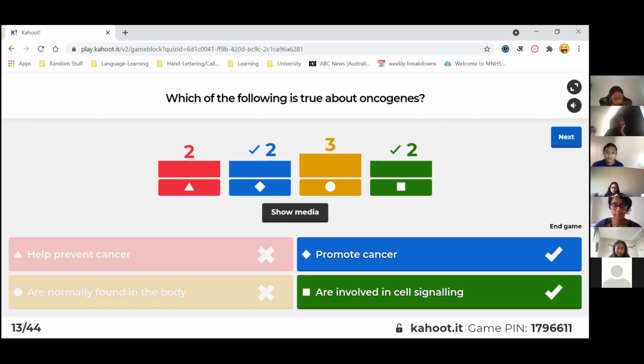In fact, they cause cancer, hence why blue's correct. They aren't normally found in the body, but they come from something that is normally found in the body, which the next question we'll touch on. And they are involved in cell signaling because they keep telling the cell to grow.